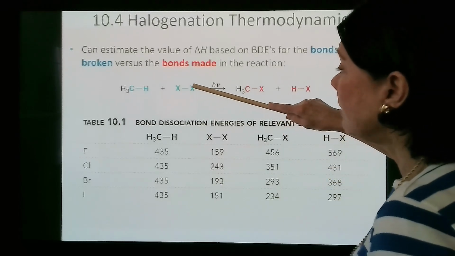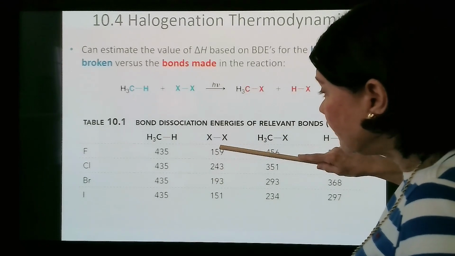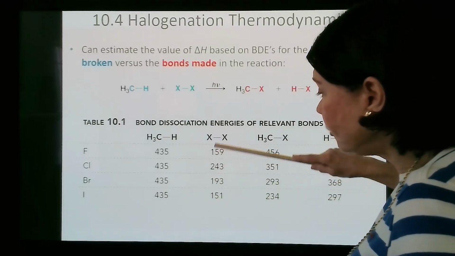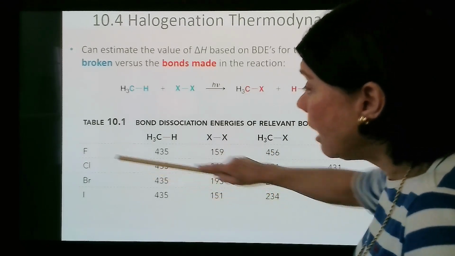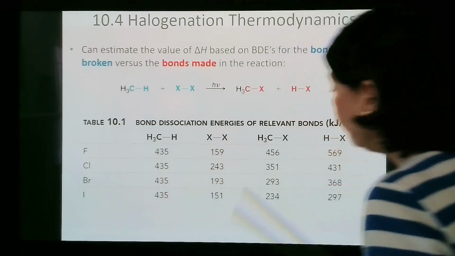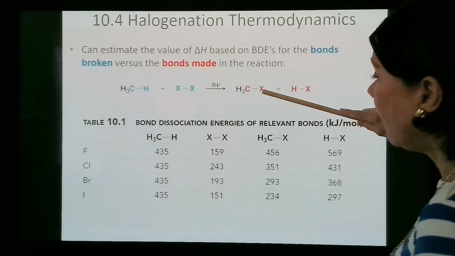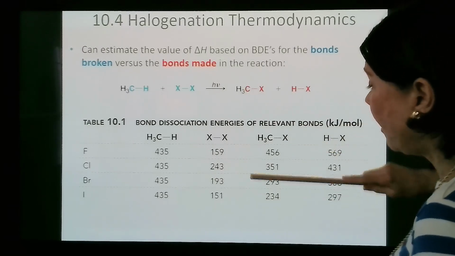Here we've got the dihalogen. And so this corresponds to the bond dissociation energies for the dihalogen when the halogens are these four different atoms. And now here we've got the halomethane.